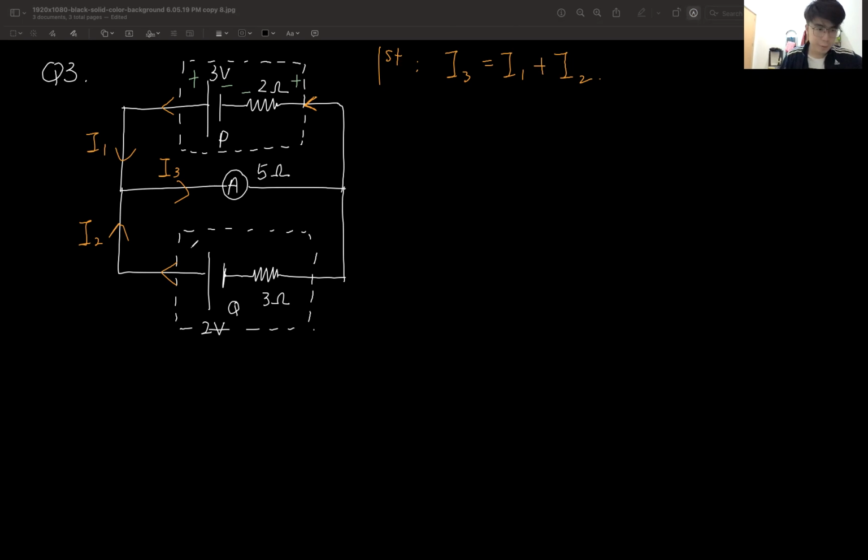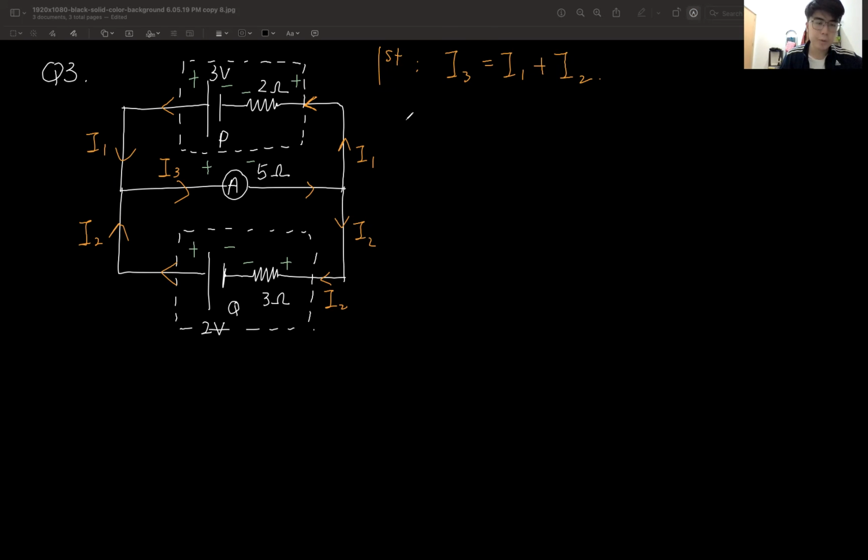Same for this one, positive, negative. I can label the current over here as well. The ammeter also, you put positive here, negative here. So follow the direction of the current flowing through the component. Now you have all the signs.